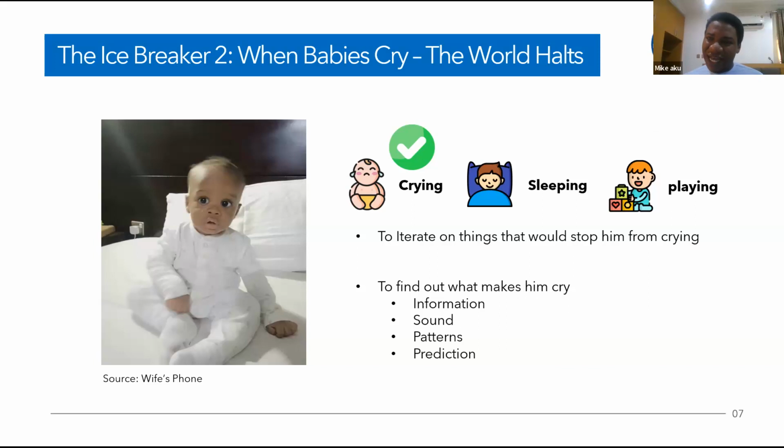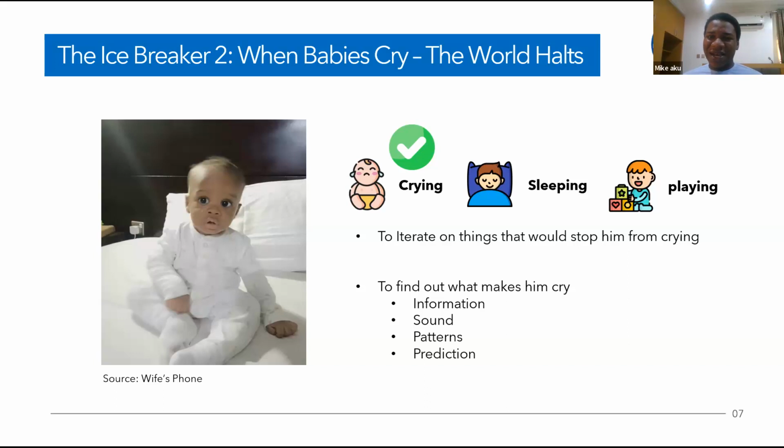When he's crying, I notice my mom, my mother-in-law and my wife, everybody is trying to find out why he is crying. They say, oh, burp him, and some women on the call understand. Others say, check the pampers. Some say maybe he's hungry. And there's one that always catches my interest: they say he wants to sleep. So I'm like, if he wants to sleep, why doesn't he close his eyes and sleep? Why must he cry and everybody has to run up and down?